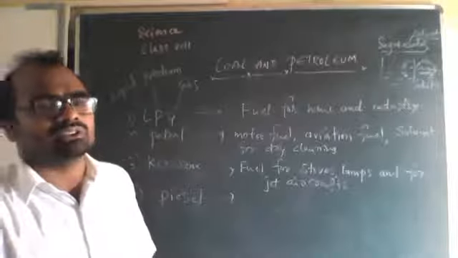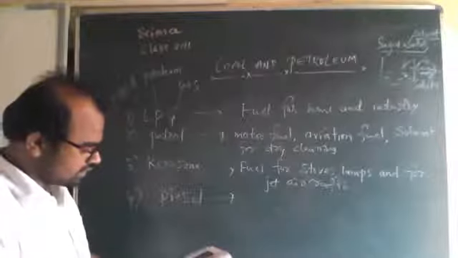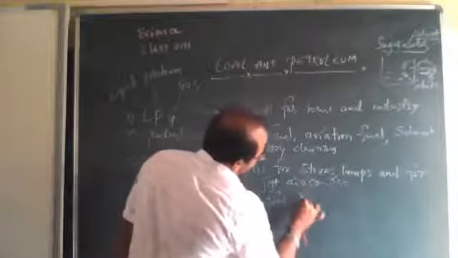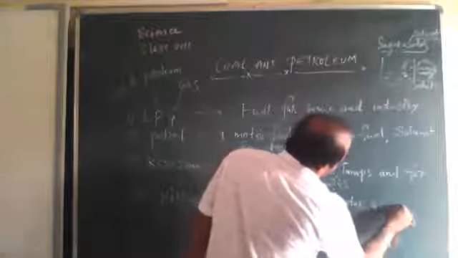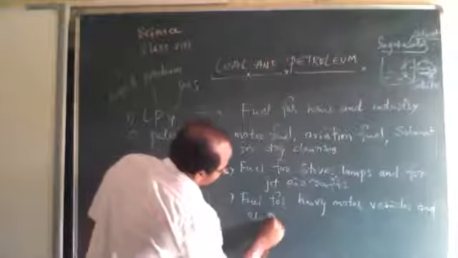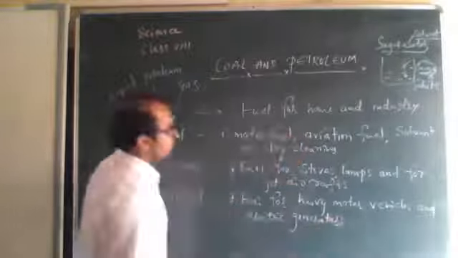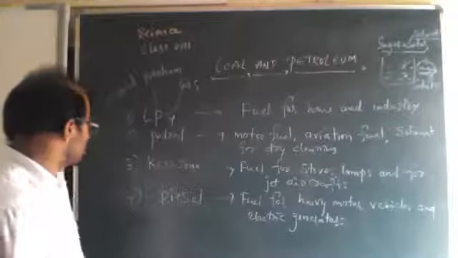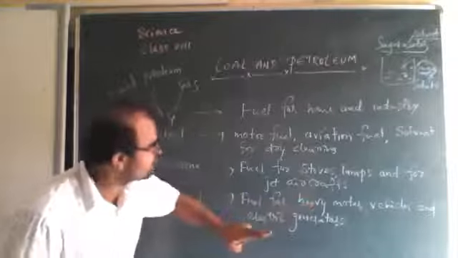But still, it is available in the textbook. Diesel: fuel for heavy motor vehicles and electric generators. So which one is it? Diesel. Diesel is used as a fuel for heavy motor vehicles and electric generators.